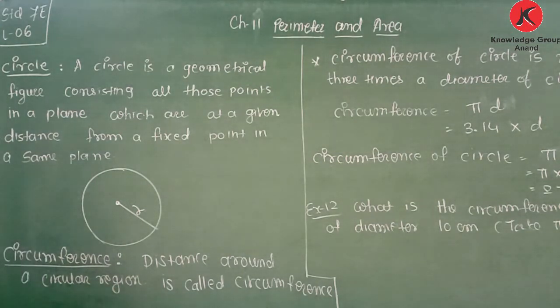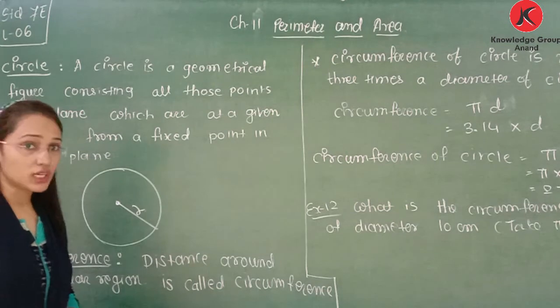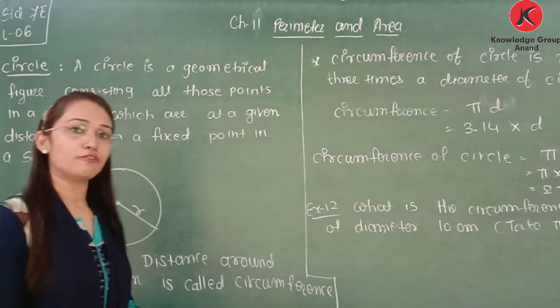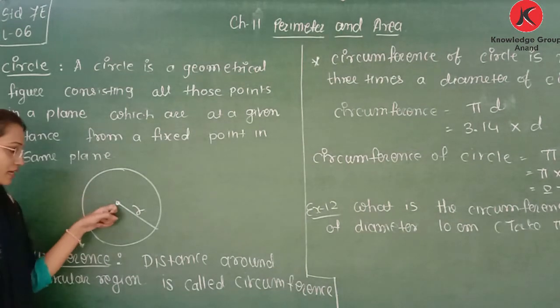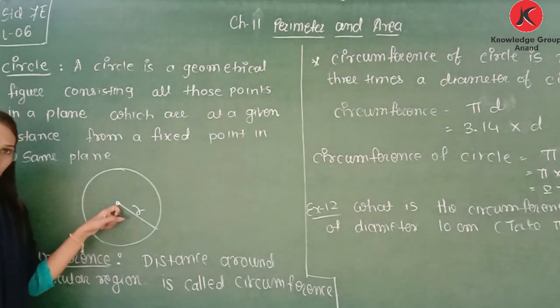So what is the definition of a circle? A circle is a geometrical figure consisting of all those points in a plane which are at a given distance from a fixed point in the same plane. If we take points that are at a fixed distance from the given point, that figure is called a circle. In this figure, the fixed point is called the center of the circle.